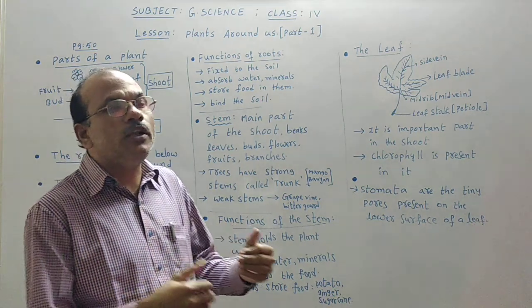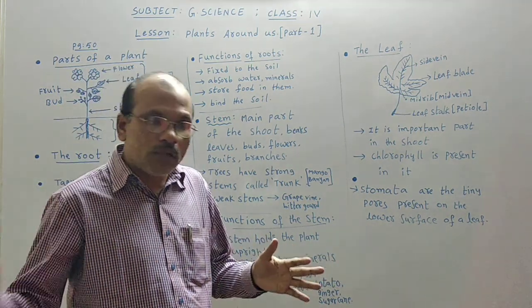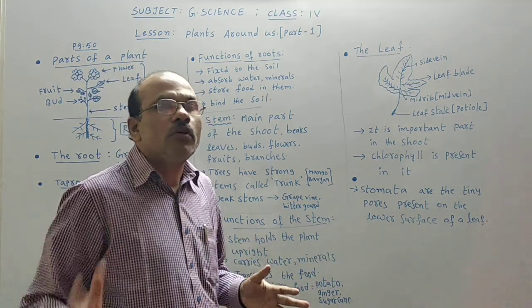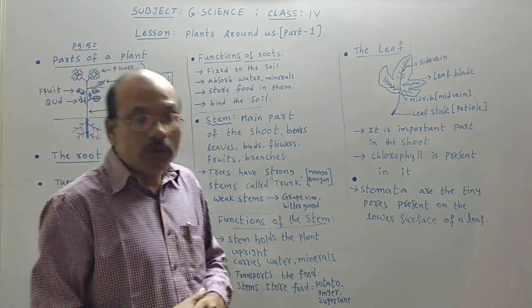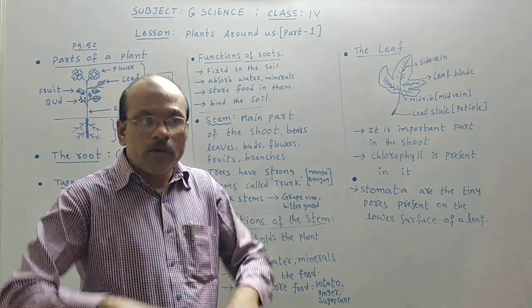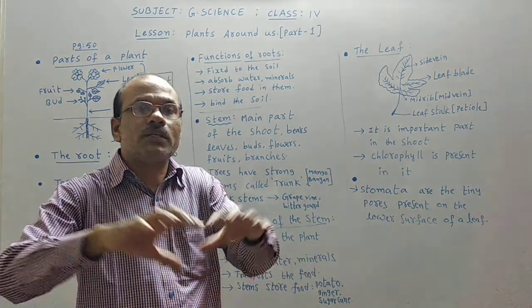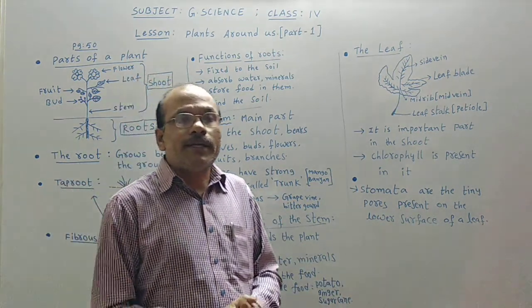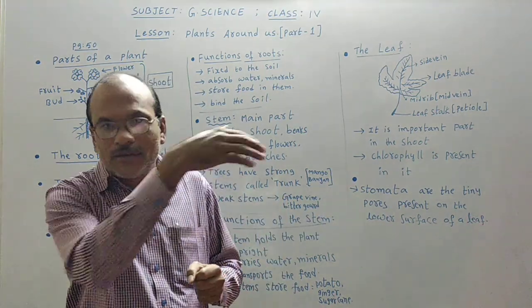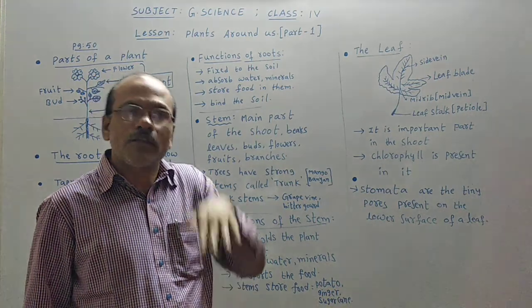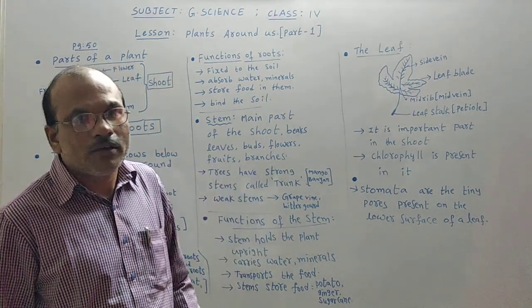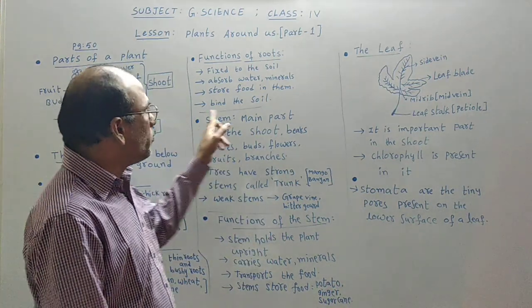It won't leave the soil easily, though the water flows at great speed on top of the earth, because the earth is tightly held by the roots which grow below the earth. Is it clear? So that is binding the soil.